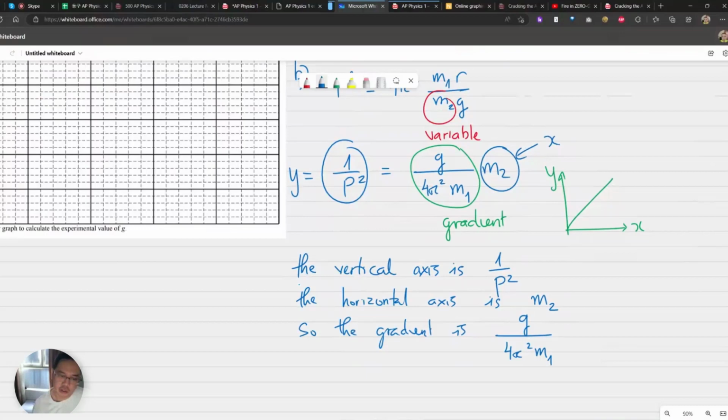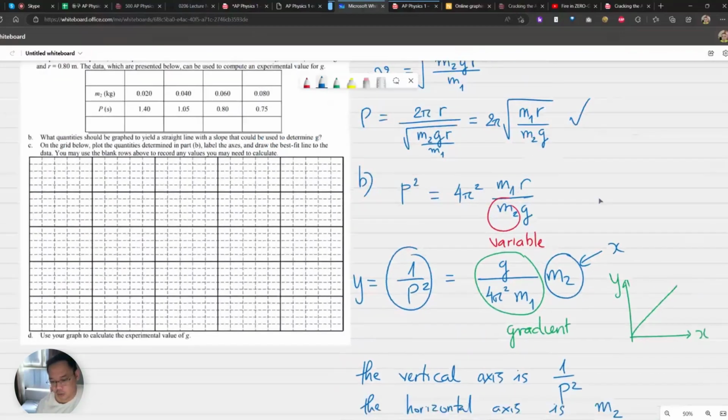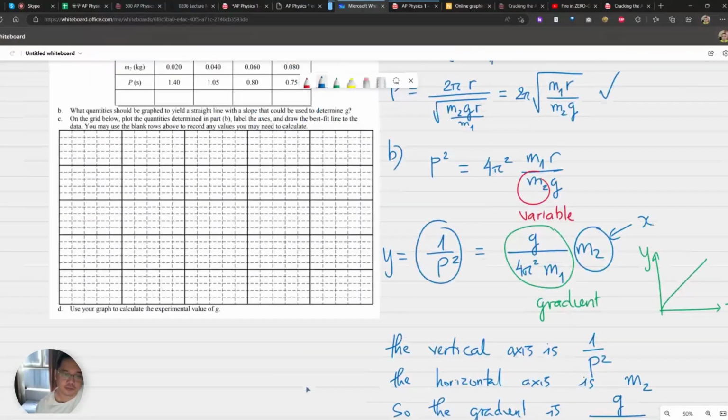From this, measure the gradient on the graph after plotting the graph with the given data values, determine that gradient, and then you can do the calculation to find the value of g.